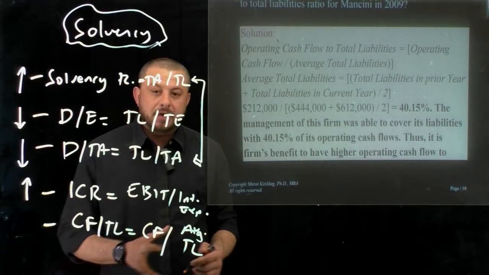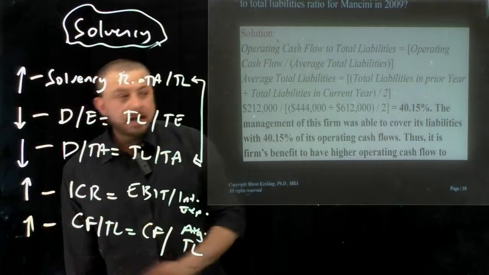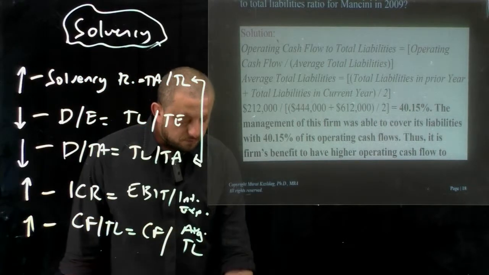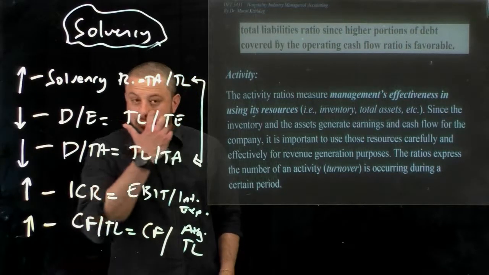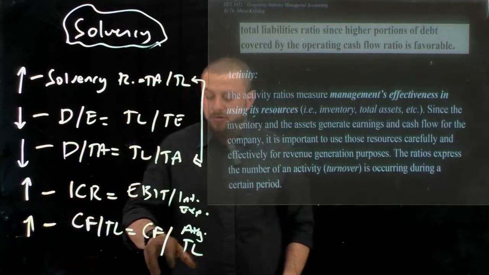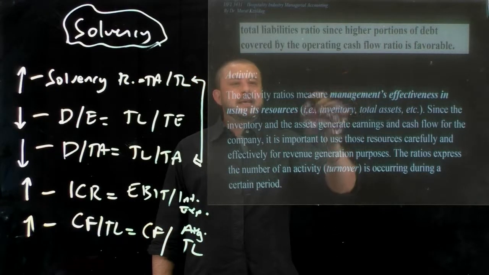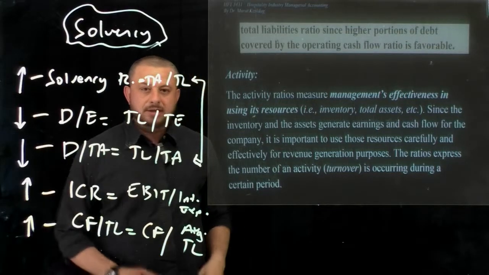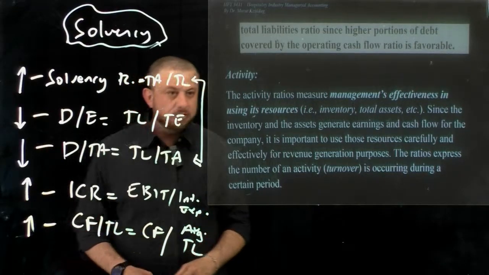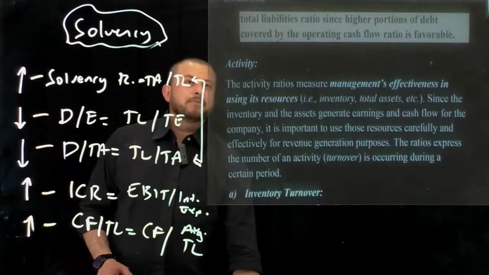That means I am generating enough cash flows, okay? But again, higher values are favorable, higher percentages are favorable for the CFTL ratio, okay?